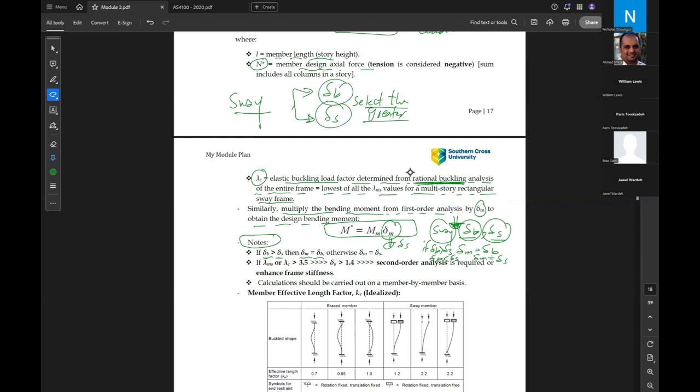The greater will be our lambda M. So lambda M is the greater of lambda B and lambda S. Then the modified or amplified moment will be M times lambda.